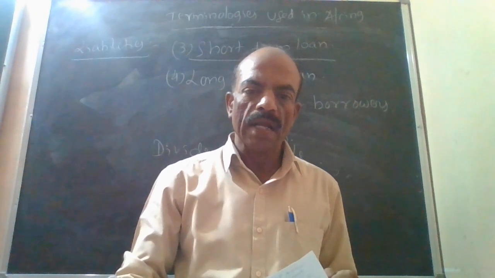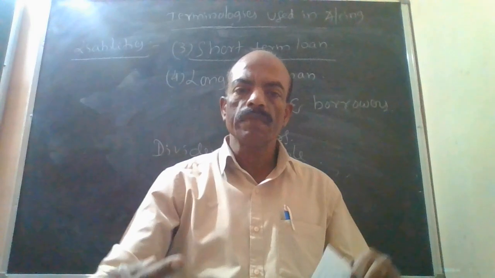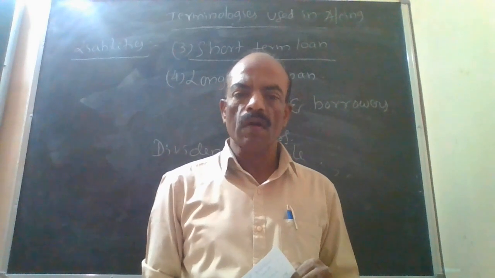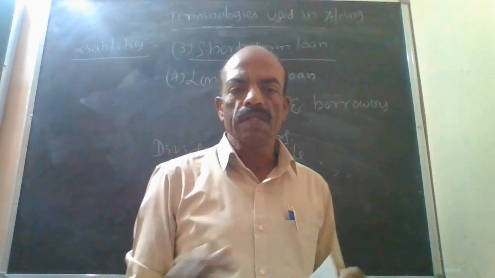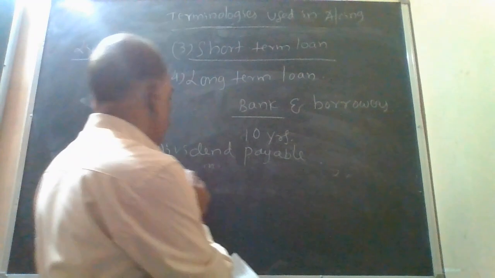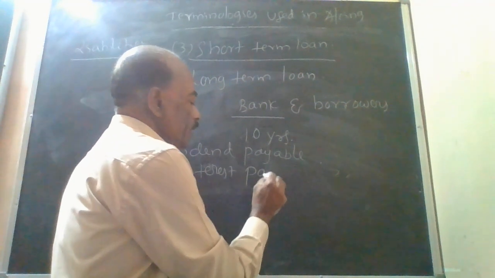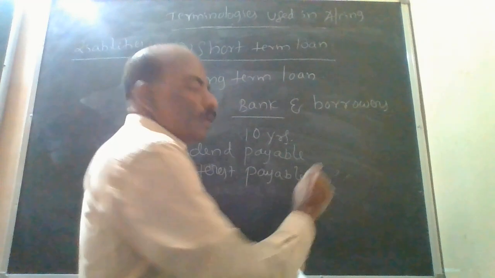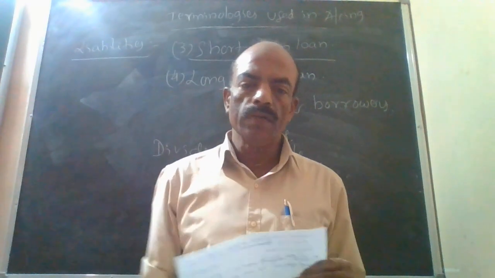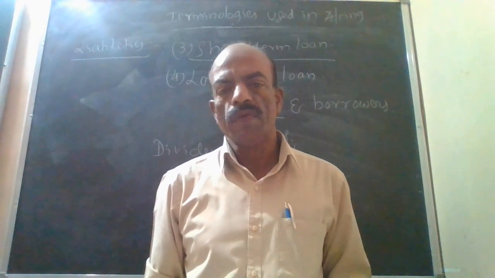Simply issuing the share capital and collecting the money from the shareholders is not enough. You have to pay the dividend, and also interest payable. Suppose you are issuing debenture capital, you have to pay the interest for them.